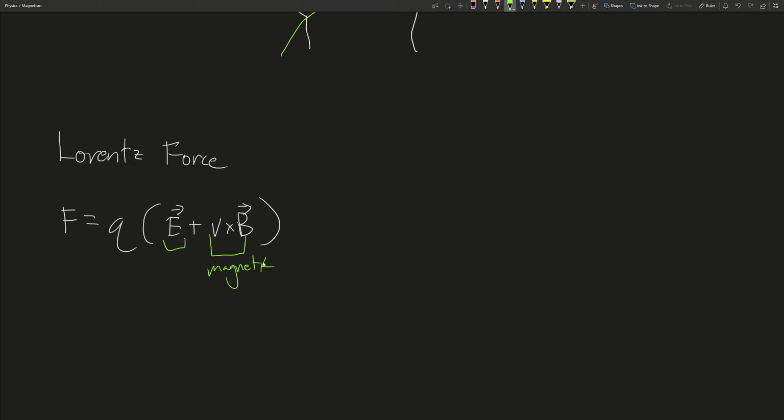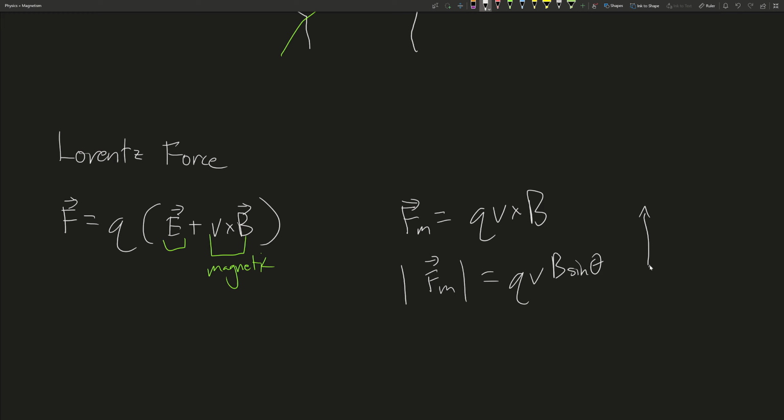The force from the magnetic field, Fm, is equal to QV cross B. What the cross product means is that the magnitude of this force vector is equal to QVB sine theta, where theta is the angle between the two vectors. Let's just say this is V and this is B, then this would be theta.